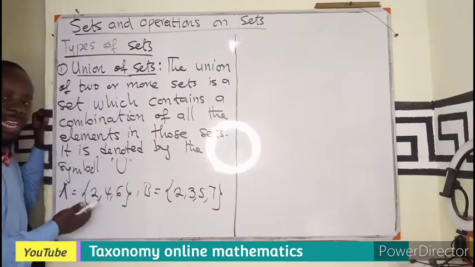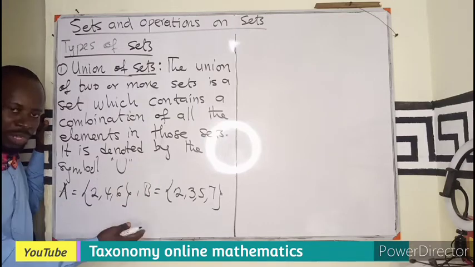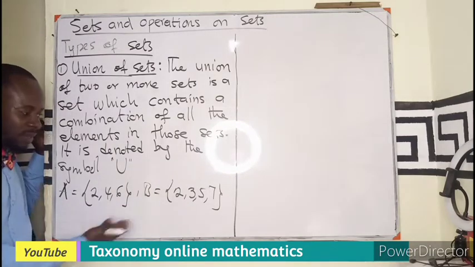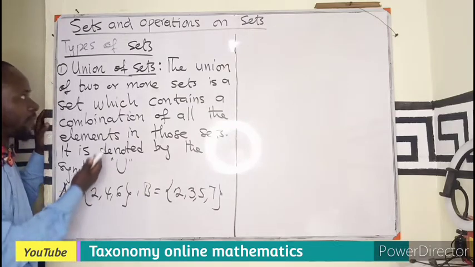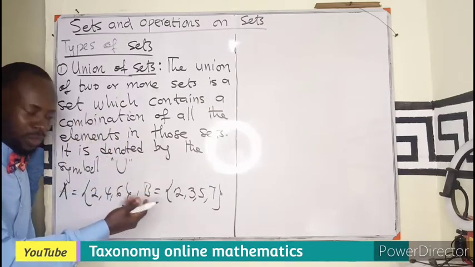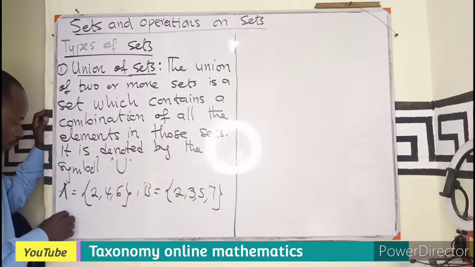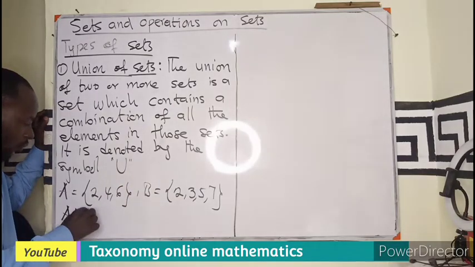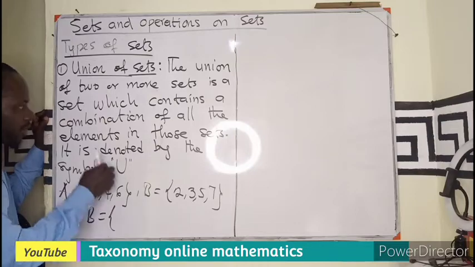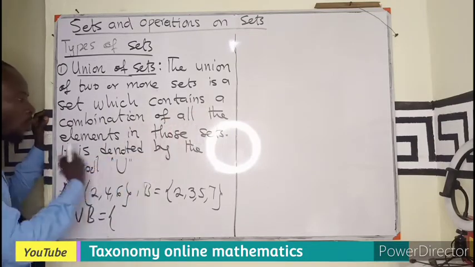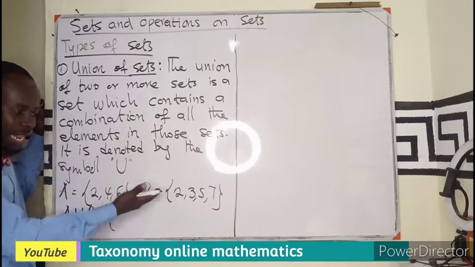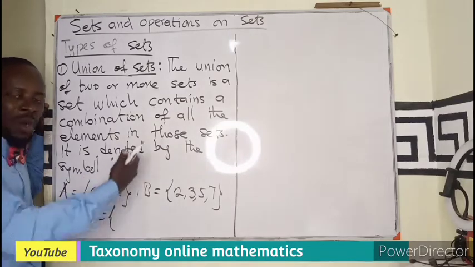So we can say A is the even numbers which are less than 8, and B is the prime numbers less than 9. Now if I'm asked to find the union of the two sets, which will be written as A union B, it means the combination of all the elements in those sets. In this case, there are only two sets here, so I'll combine all the elements.